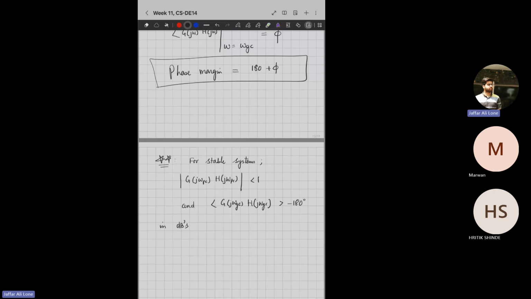That means my gain margin and phase margin both are positive, so gain margin is positive in decibels actually, and phase margin is also positive.